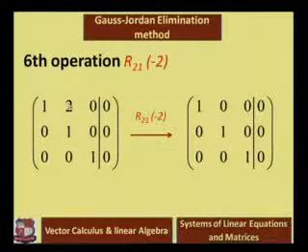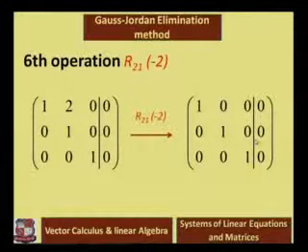For that we take the operation R1 minus 2R2, meaning multiply the second row with -2 and add to the first row. The resultant matrix is given 1 0 0 0, 0 1 0 0, 0 0 1 0.